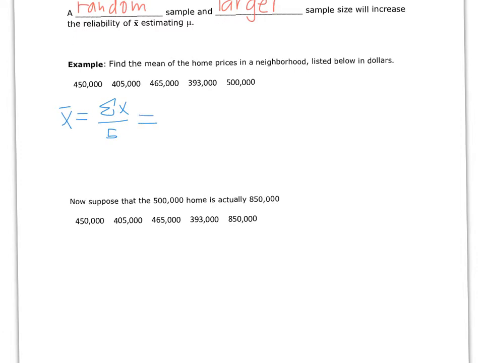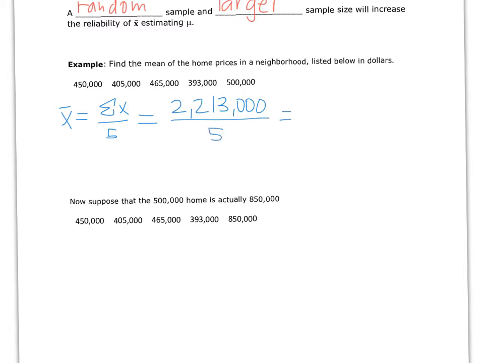So if we sum up those x values, and I'm going to truncate off those 3 zeros at the end for the thousands, and you can pause and do this on your own, but if you sum those up, we get 2,213,000. Divide that by the 5.